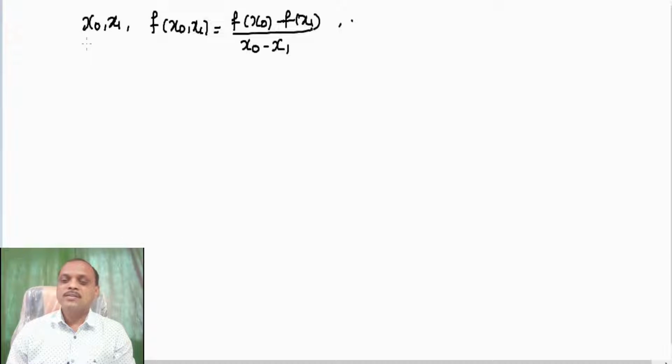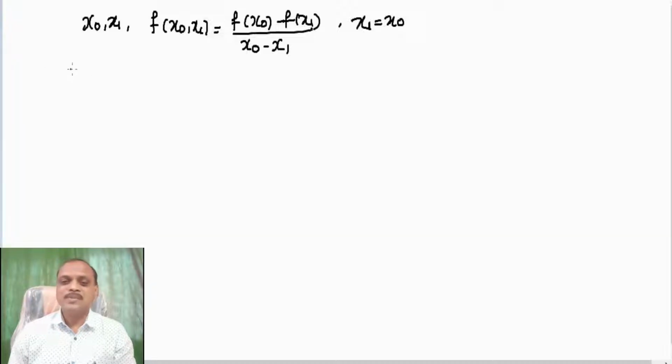But sometimes these two values are equal, that is x1 is also equal to x0, and then x0 minus x0 will be 0, and this will be 0 by 0, which is meaningless, or we get an indeterminate form. So how do we find the divided difference of this type of arguments?